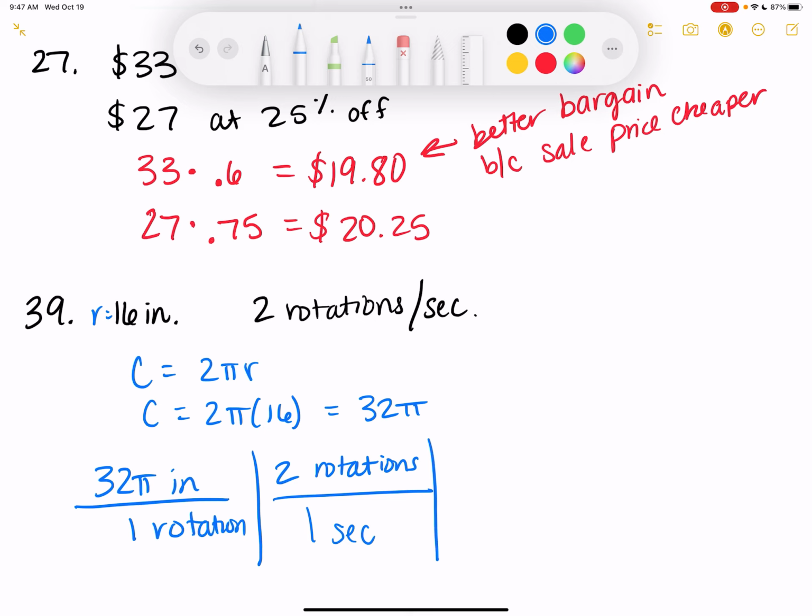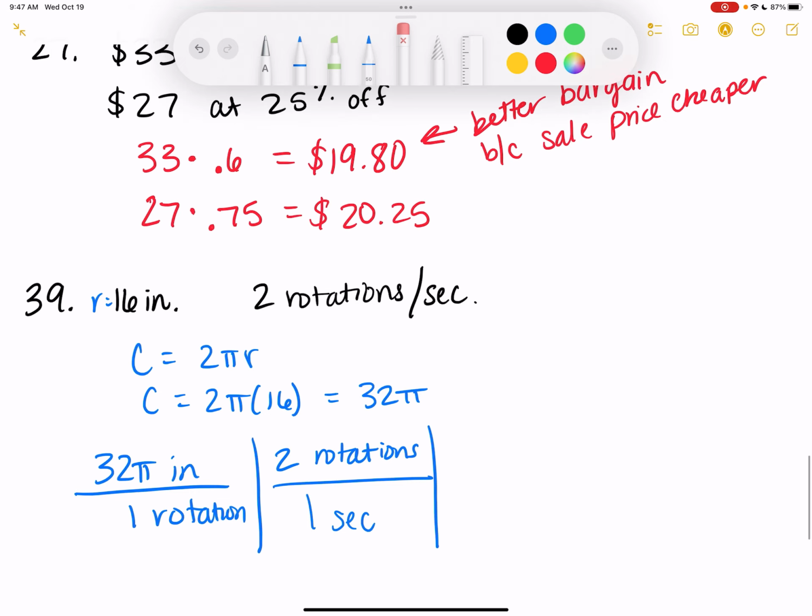So, I'm gonna do time first. 60 seconds are in 1 minute, 60 minutes in 1 hour.